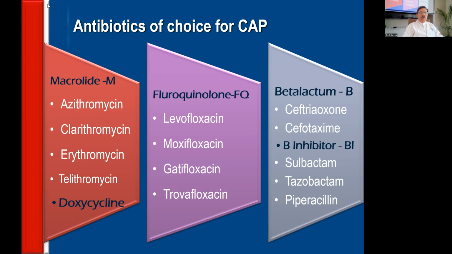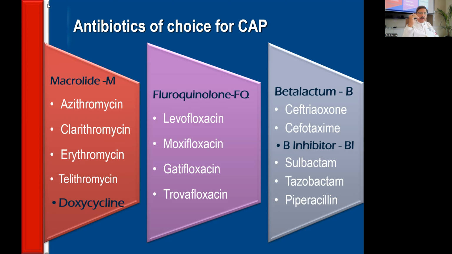Okay. So now, what is the drug armamentarium I have got? No other drugs. Remember, cut off all other drugs. Metronidazole, this, that, or some other cephalosporins will come, but what is required is macrolides: azithromycin, clarithromycin, erythromycin. Fluoroquinolones: levofloxacin, moxifloxacin, gatifloxacin.